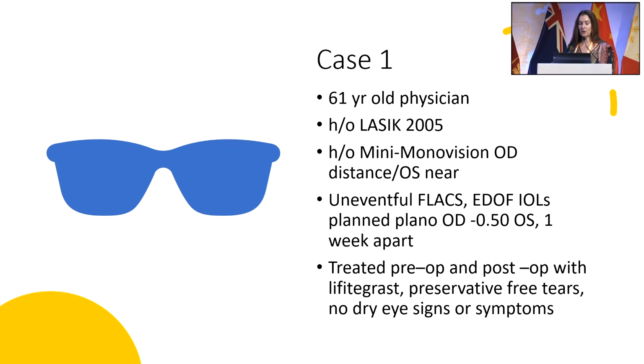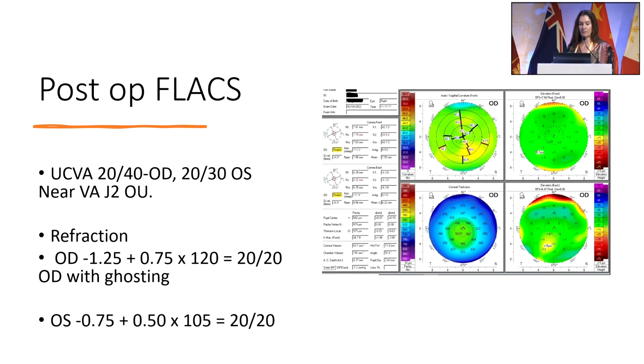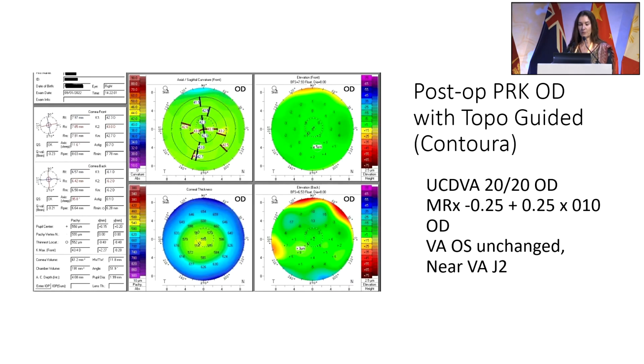I treated pre- and post-operatively dry eye, ocular surface, everything. Here was his vision and his refraction, and he did have some ghosting in the right eye. Looking at the tomography on the Pentacam, he did have some irregular astigmatism, which was unchanged from preoperatively, and I thought, well, this must be the thing, so let's go ahead and do a Contoura topo-guided PRK.